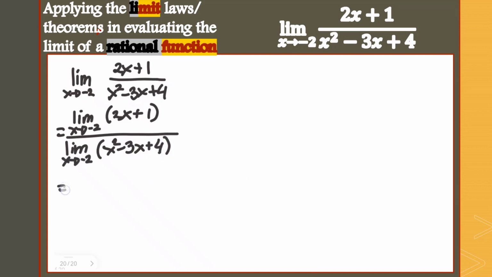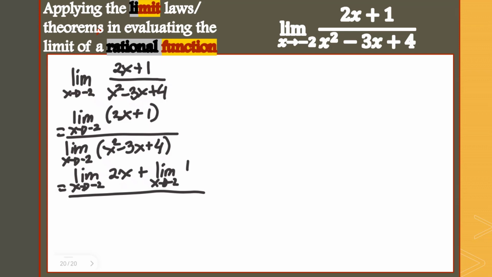Okay, so you will have here the limit of 2x as x approaches negative 2 plus the limit of 1 as x approaches negative 2. So we're using here the limit theorems for the quotient, the limit theorem for sum and difference, and later on power and product as well.